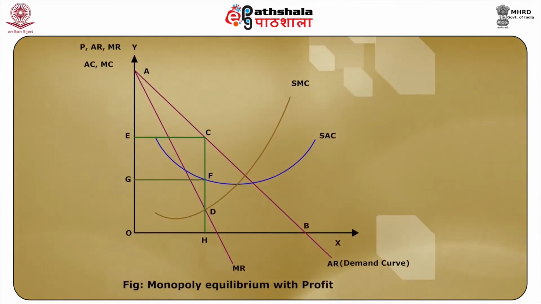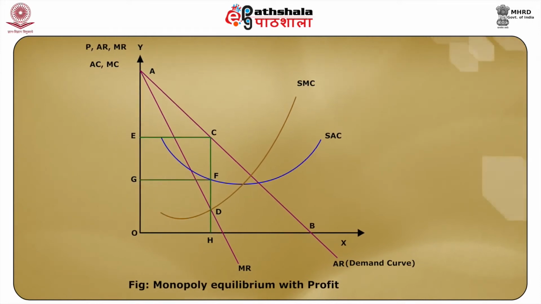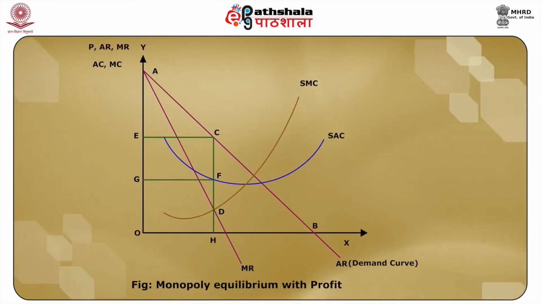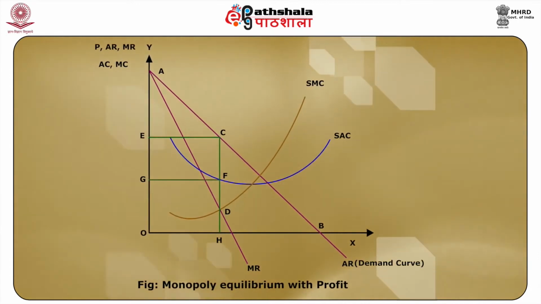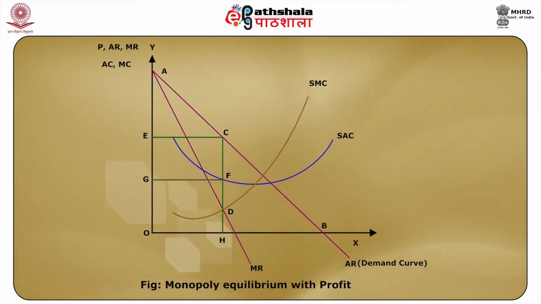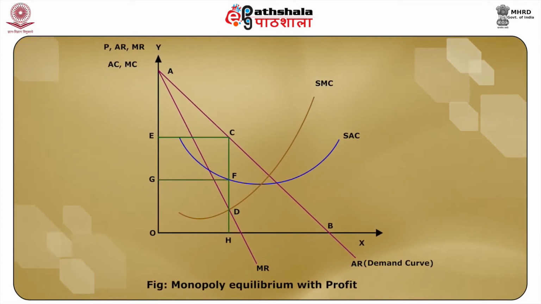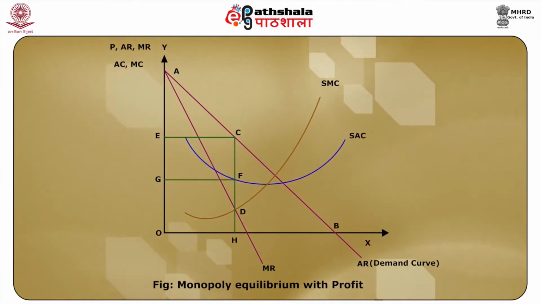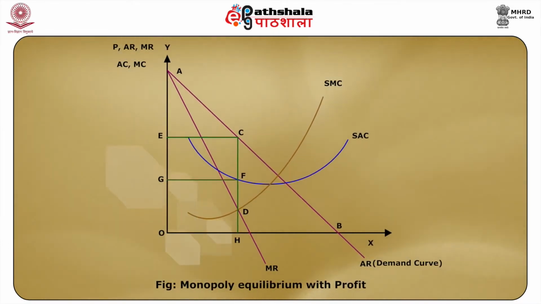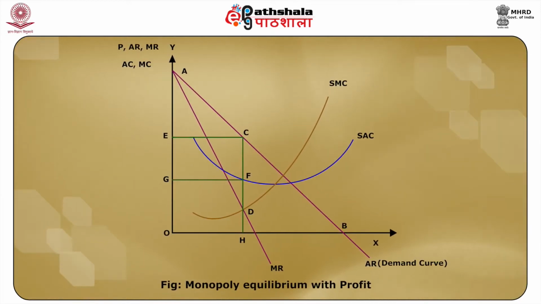In the figure, both the conditions, that is MR is equal to MC and MC cuts MR from below, are met, and the monopolist makes profit equal to the area FCEG in the figure, whereas it suffers losses equal to the area BCPF in the figure.